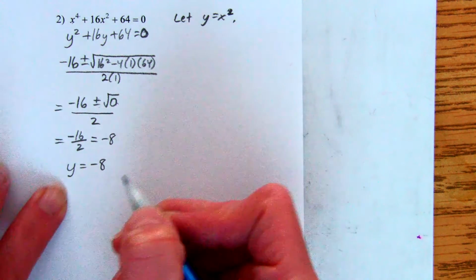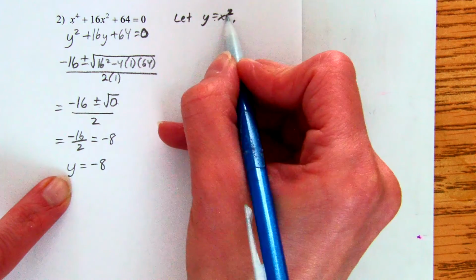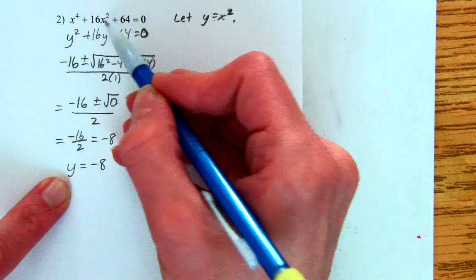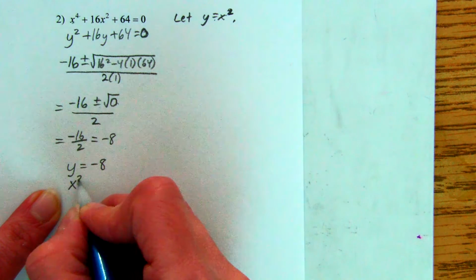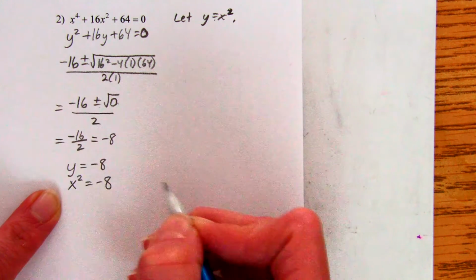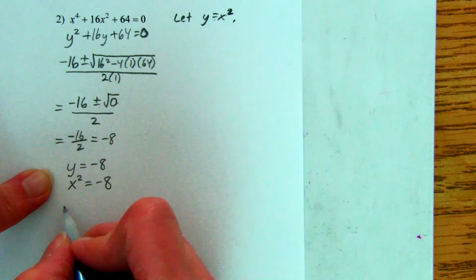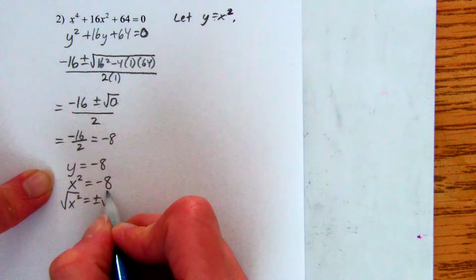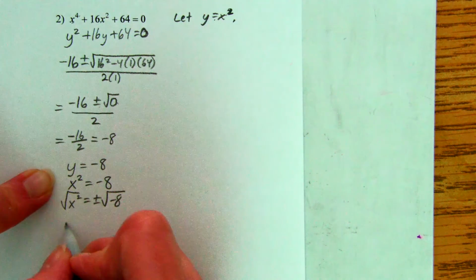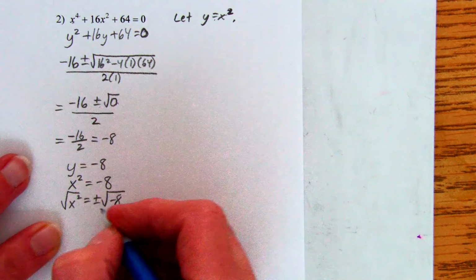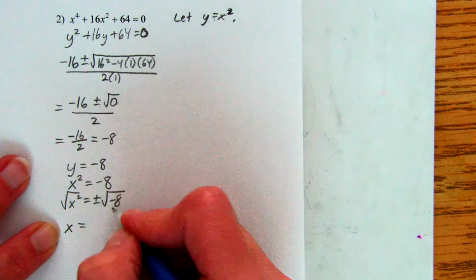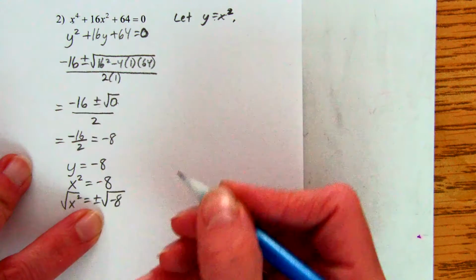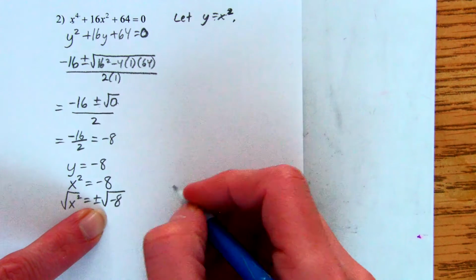But remember that y is actually x squared, and what we're trying to solve for is x. So we're going to put the x squared back in and then solve that. If we square root both sides, we have to do plus or minus the square root of negative 8. We're going to have some i's here since we have a negative under the radical, but we also need to birthday cake the radical.